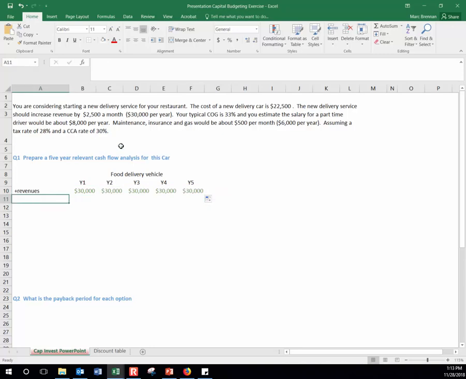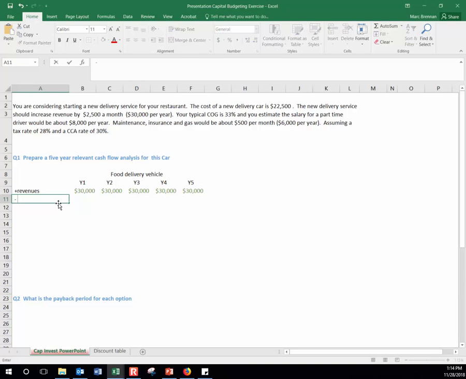Now, the next thing is we have to concentrate on any directly related costs to this investment. The first thing we see is the typical cost of goods sold. Because we're talking about a restaurant, if it's going to increase revenues, there's an increase in cost of goods as well. Food and beverage costs are going to go up.